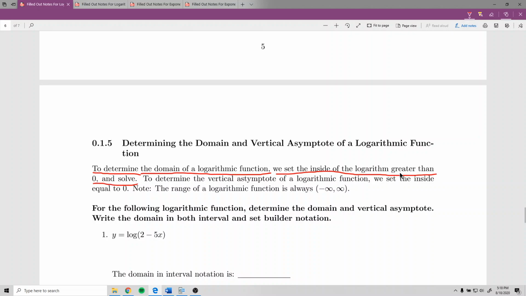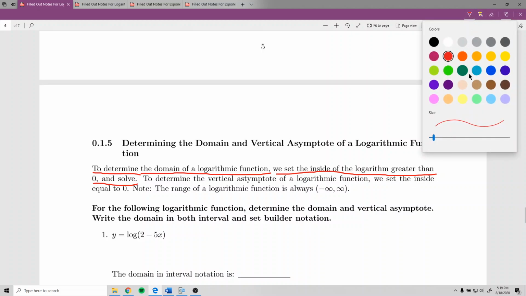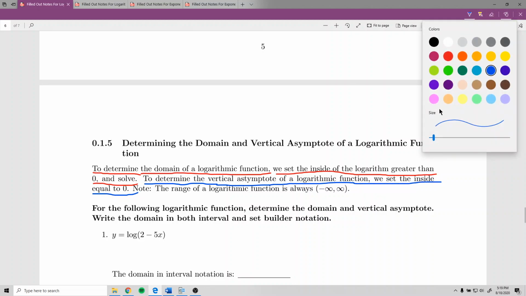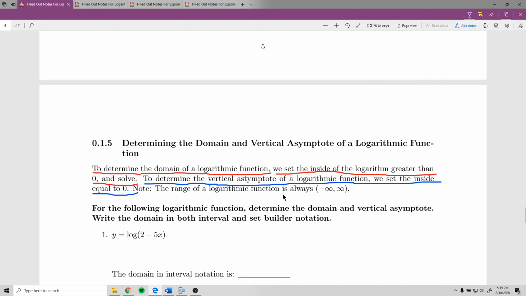Remember, not greater than or equal to, it's a little different than the square roots, and solve it. And to find the vertical asymptote, we set it equal to 0 and solve that. But as you'll see, if you do the domain, that number that pops out is also the vertical asymptote. But you want to do domain first, then get the vertical asymptote.